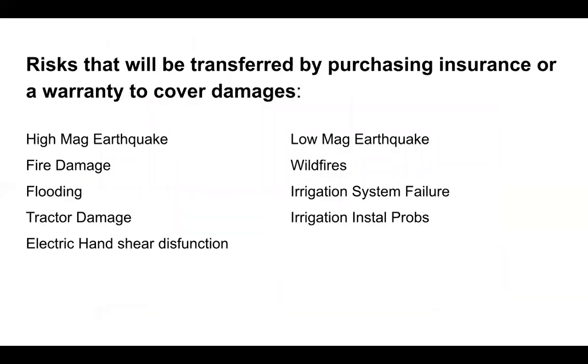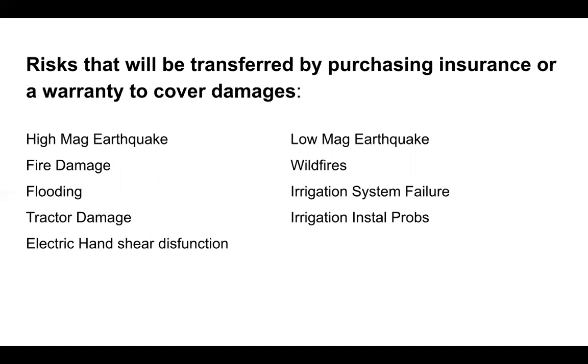All right, here are the risks that we'll be transferring. We decided that it's best and lowest risk for us to just transfer that risk off. Most of this stuff has to do with natural disasters, weather related, and then some of them would be with a warranty, such as our tractor, electric hand shears, and irrigation guarantees with the irrigation system.